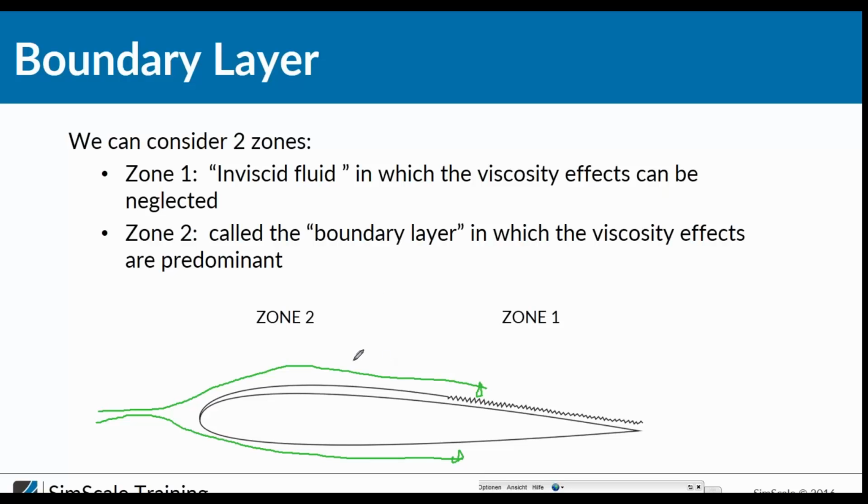First of all, we have an outer flow, which is far away from the body, and there we can nearly neglect all viscous effects. And we also have a zone 2, which we call the boundary layer, in which the viscosity effects are predominant.